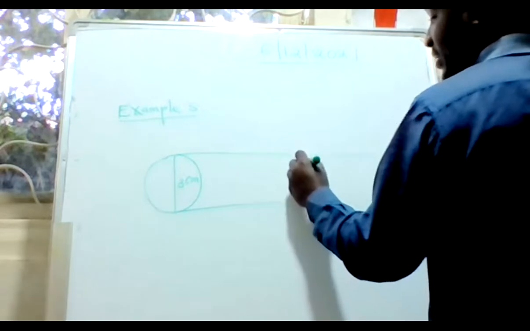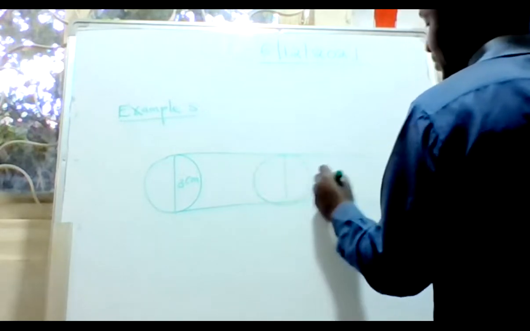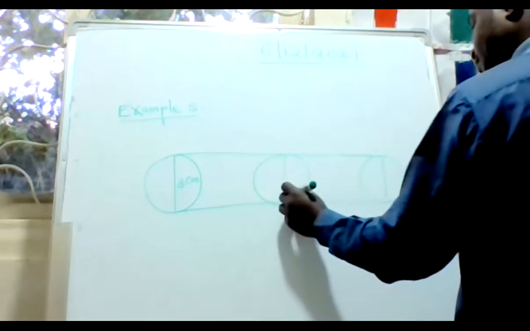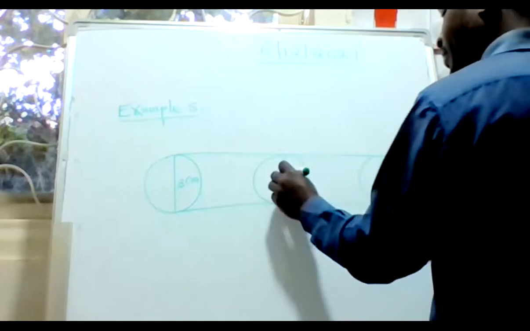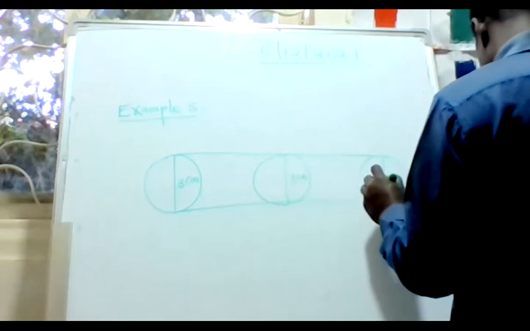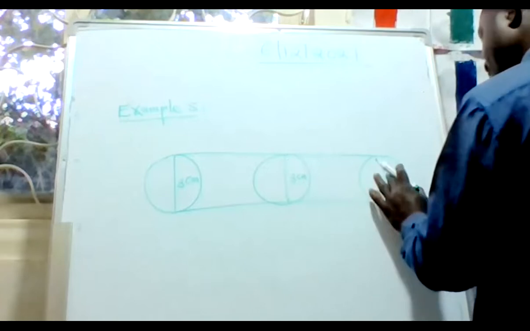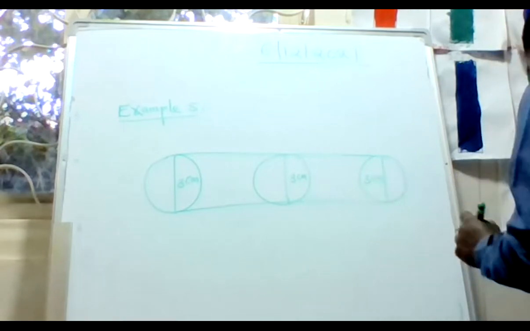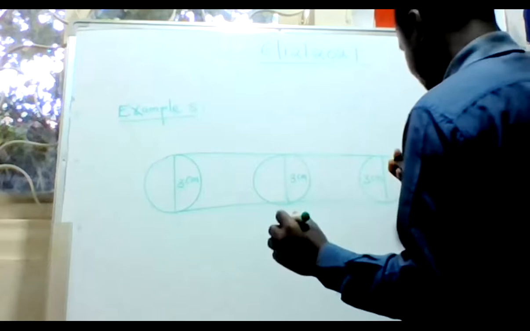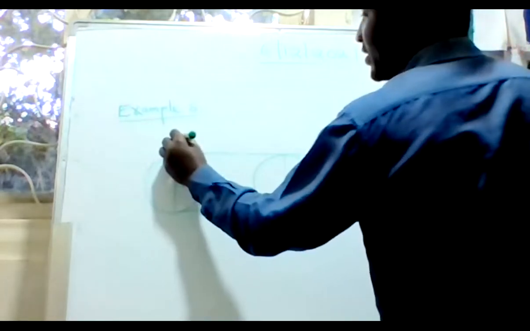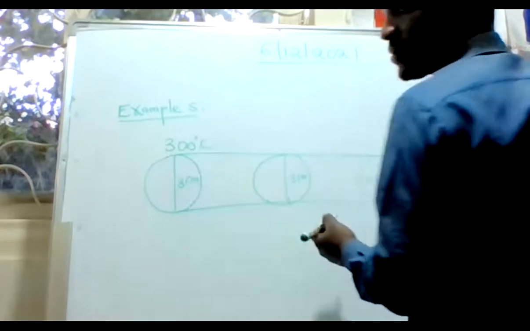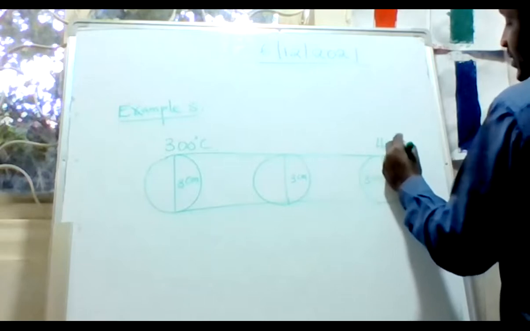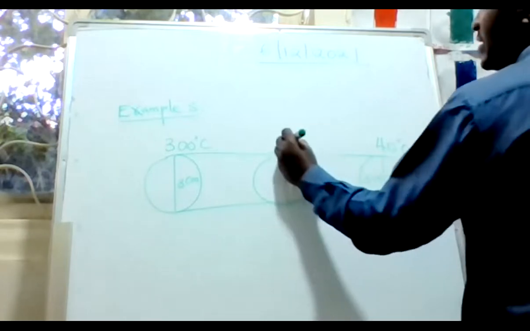One end is at 300 degrees Celsius, the other end at this point is at 40 degrees Celsius, and this point is at 50 degrees.